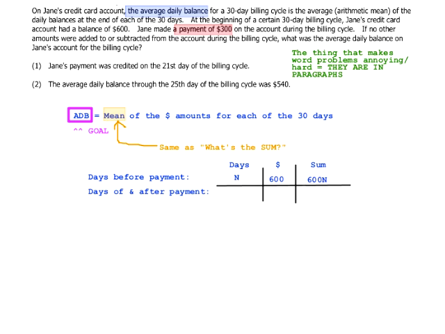But then you have 30 days in the cycle, so the remaining days are what's left out of 30. So that's going to be $300, because she paid off $300. Okay, and so the sum is going to be 600n plus 9,000 minus 300n.